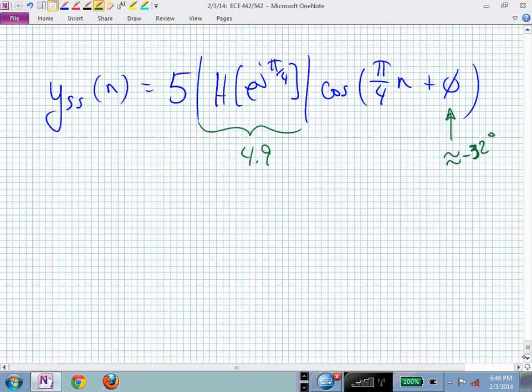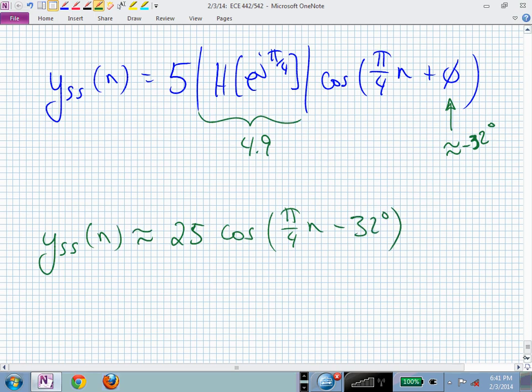Meaning we now have our sinusoidal steady state output is approximately 5 times 5, or 25, roughly, cosine of pi over 4 n minus 32 degrees. And remember what we excited our system with?